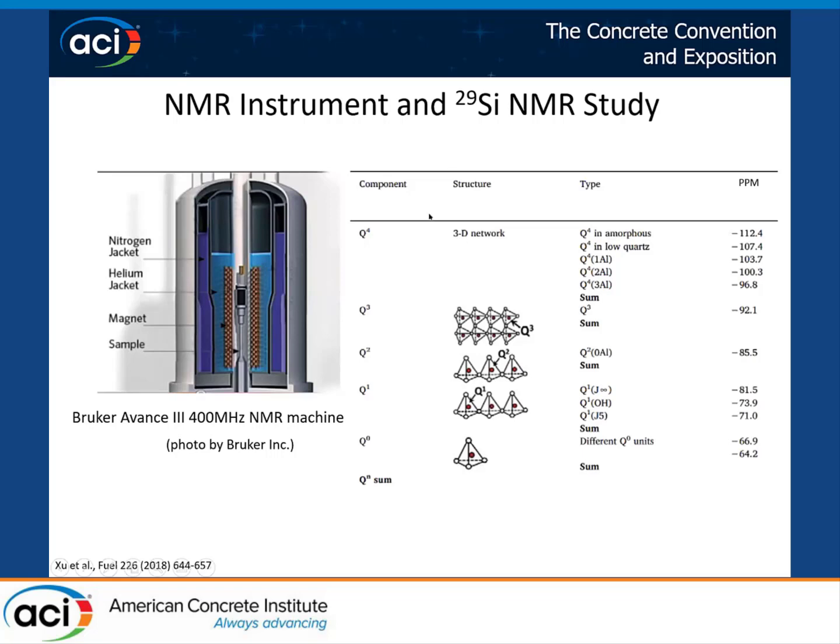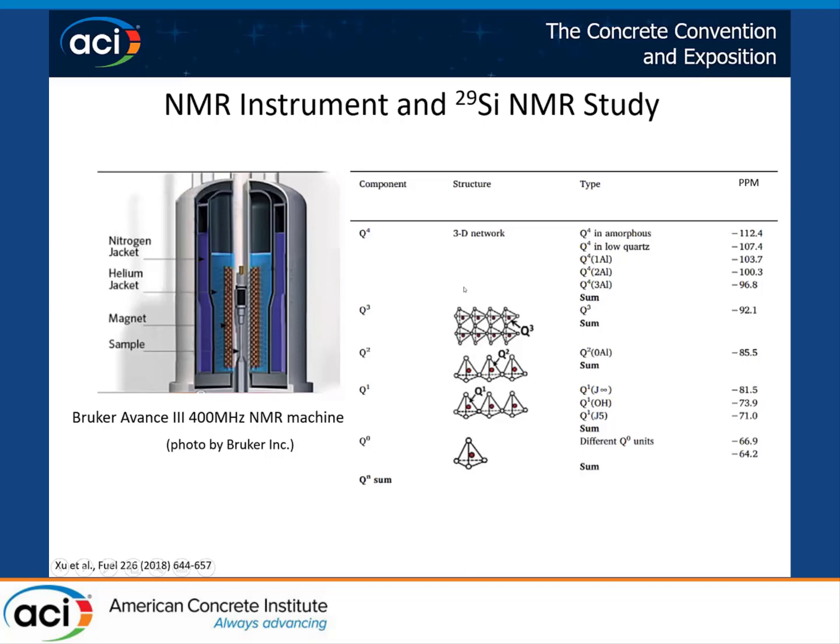Based on the structure of the silica tetrahedron and their location and frequency, we can divide the silica structure into these 5 types: Q0, Q1, Q2, Q3, and Q4. From this structure, we can see that as the number increases, the structure becomes more complex. In other words, the polymerization degree increased.